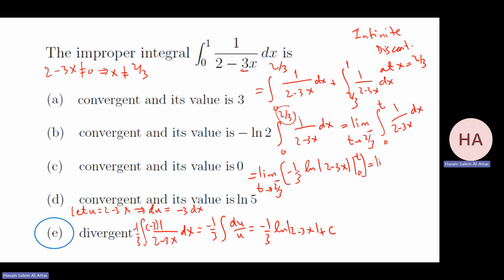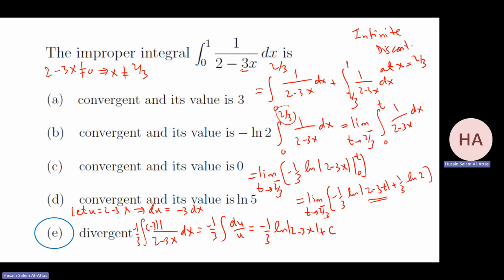That will give me the limit as t goes to 2 over 3 from the left, which will not make a difference, since I have the absolute value, of minus 1 over 3 ln of the absolute value of 2 minus 3t, plus 1 over 3 ln 2.